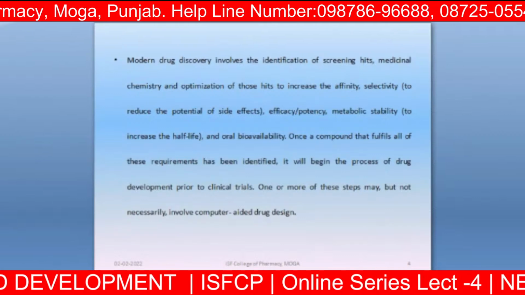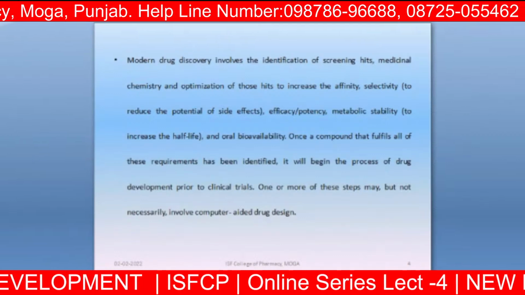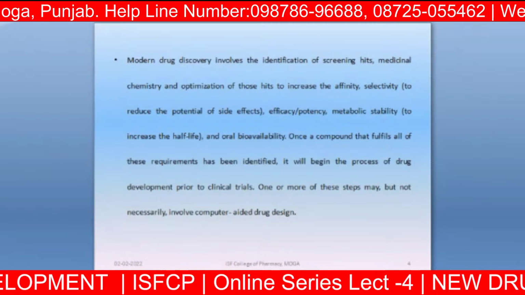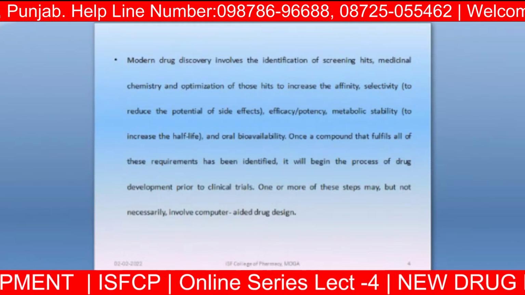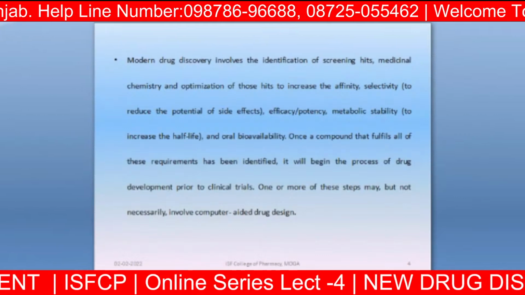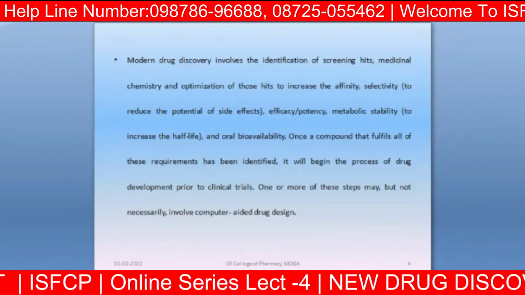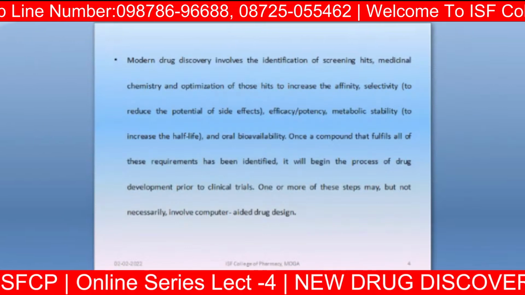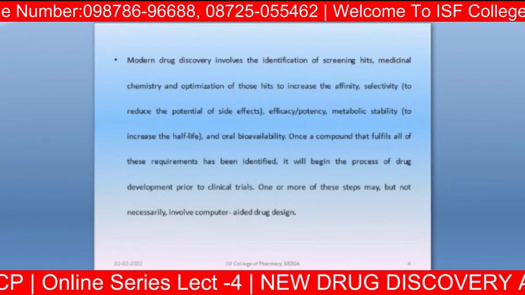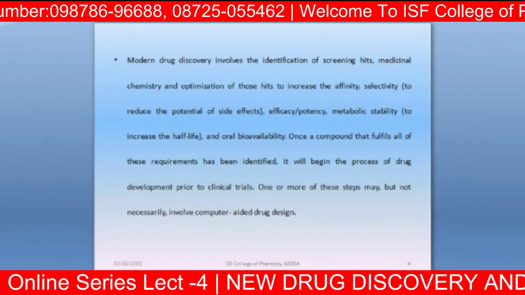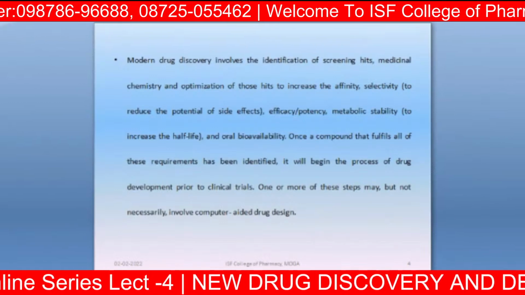Scientists are trying to cross the blood brain barrier so that an efficient amount of levodopa and carbidopa is available at the particular brain site.